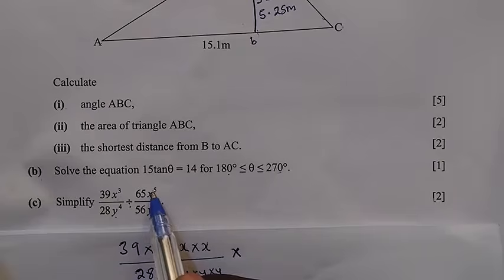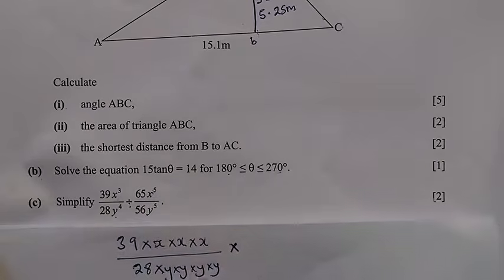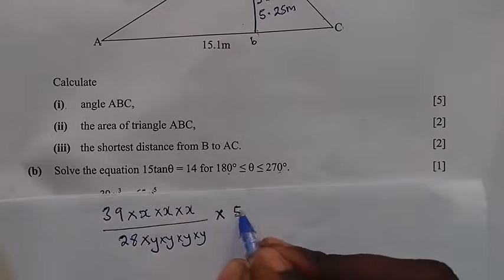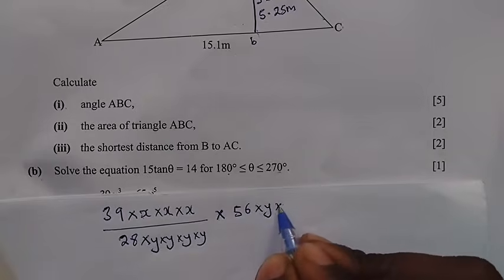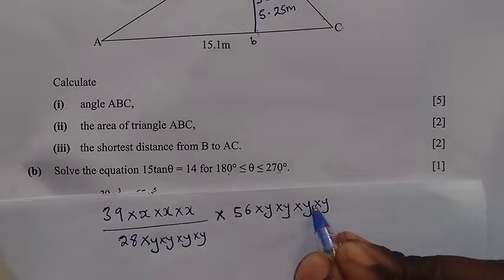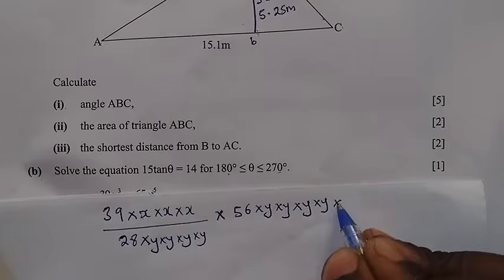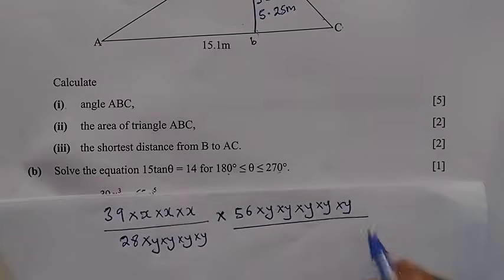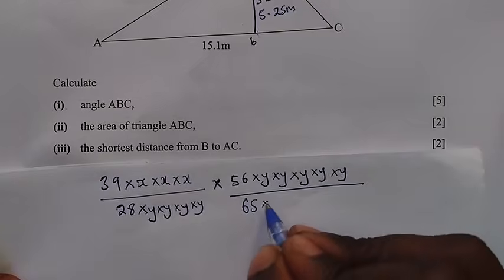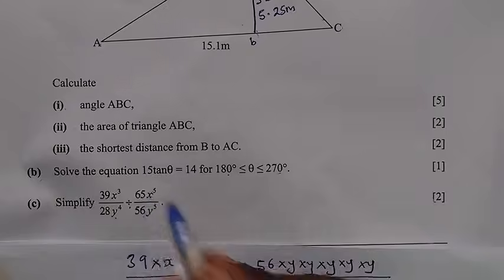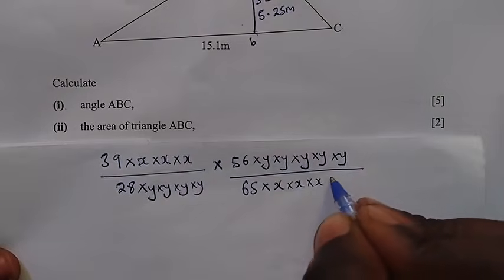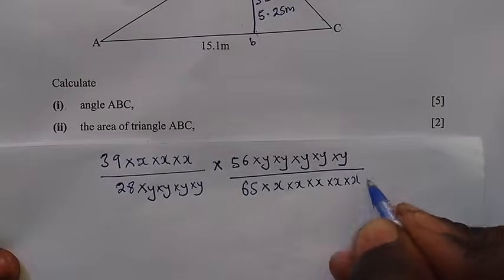So 56 y power 5 will be on top. I write 56 times y times y times y times y, again times y, over 65 times x power 5, which is x five times.